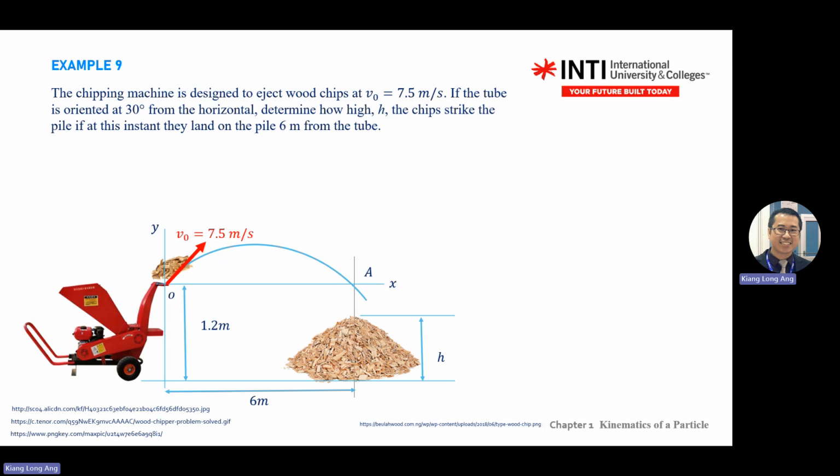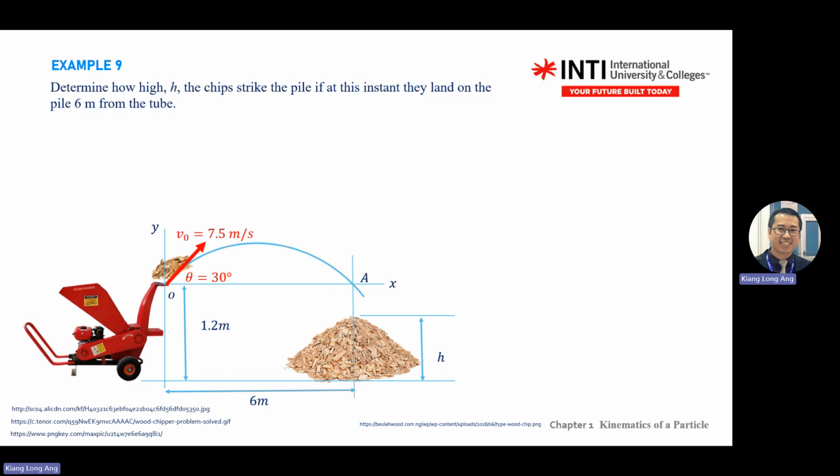Left is x-axis, right is y-axis. Then you fill in all the information you have from the question. Now, the wood chip will land somewhere at 6 meters, you don't know the height, right? You don't know the height of that one.